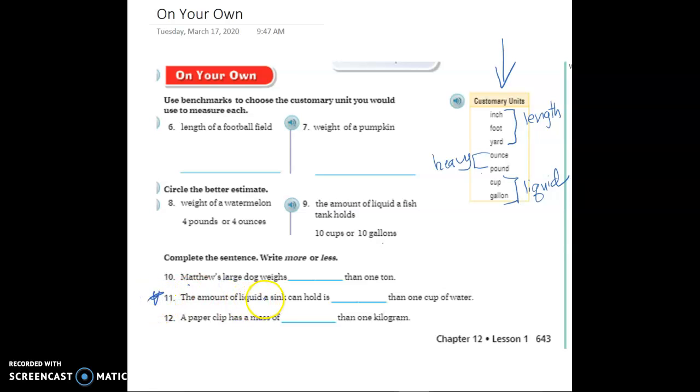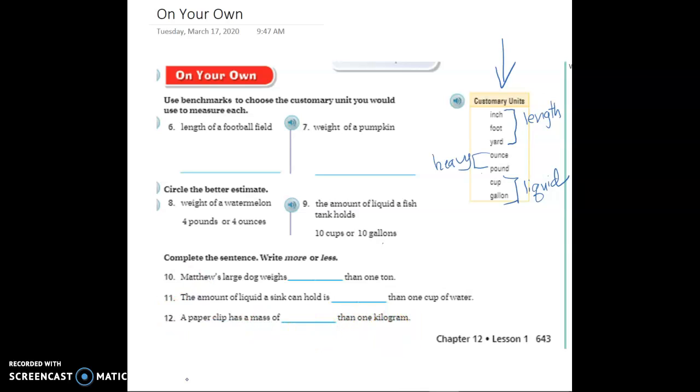How much liquid? The amount of liquid a sink can hold is more or less than a cup of water. A paper clip has the mass of more than 1 kilogram or less than 1 kilogram.